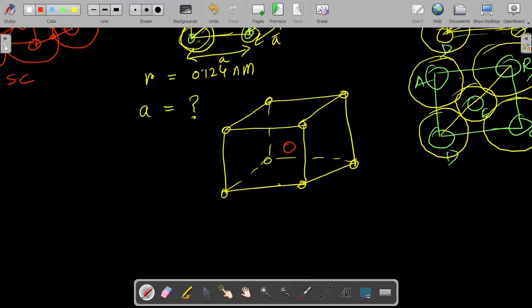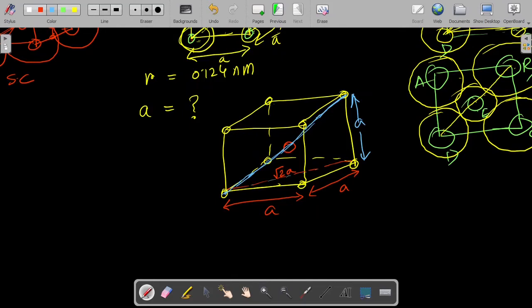So in this case, if this is A, then this diagonal, which is on this face, must be square root of 2 into A. Now, if that is the case, then this diagonal, which contains the 3 atoms, the body diagonal of this cube, is now having, this is A, because this cube side is A always.